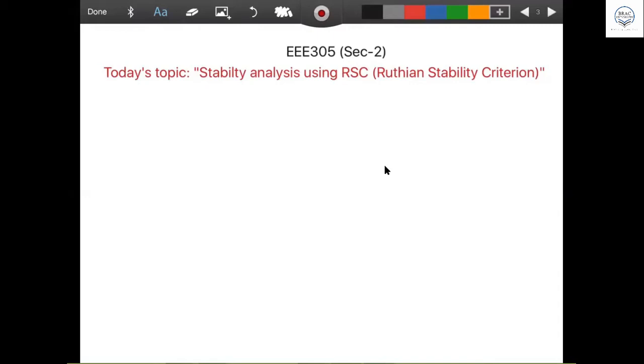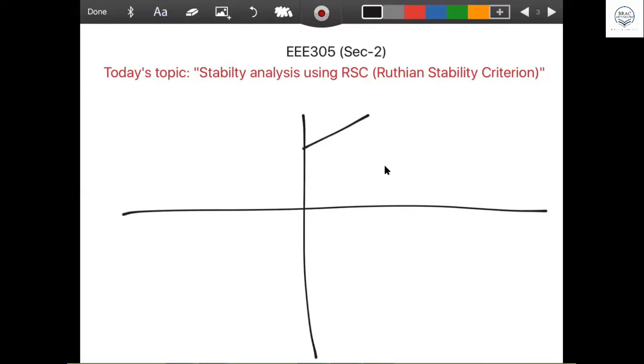Now, in order to start, all of you know stability. We came to a decision last time, try to remember: if the closed loop poles are located on the left half plane, the system is stable.